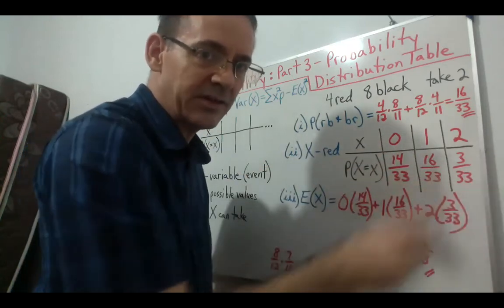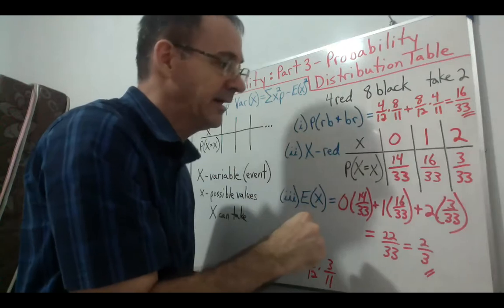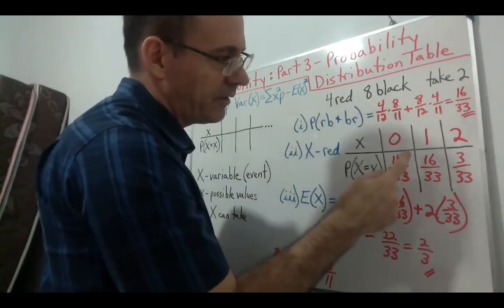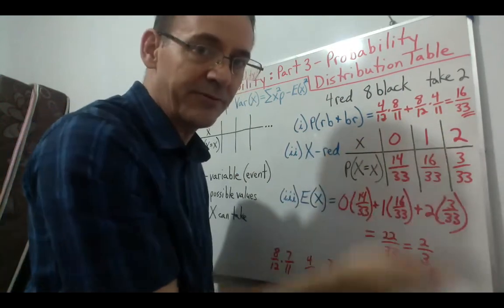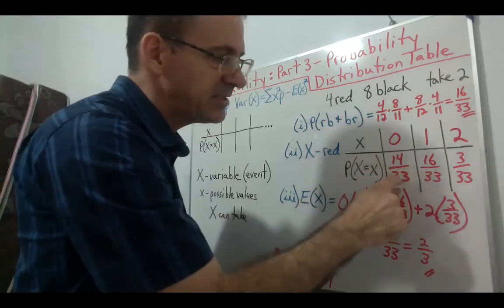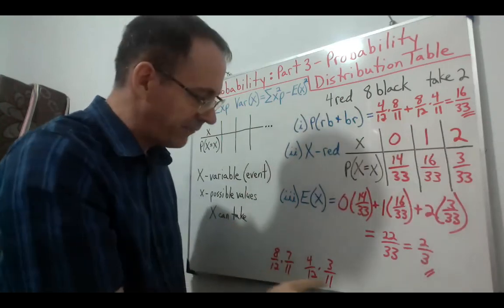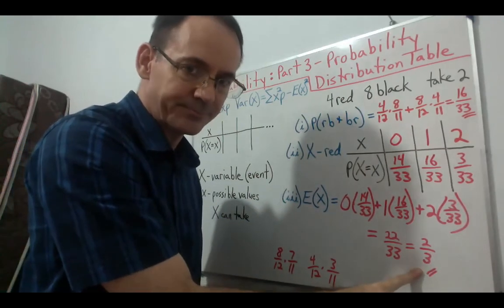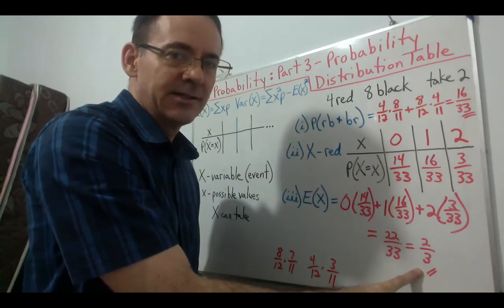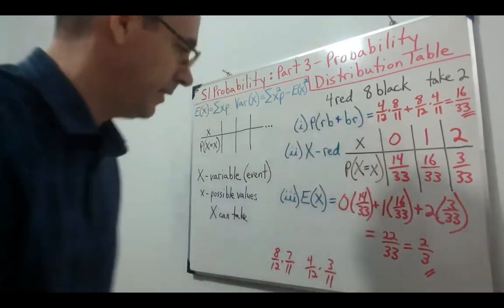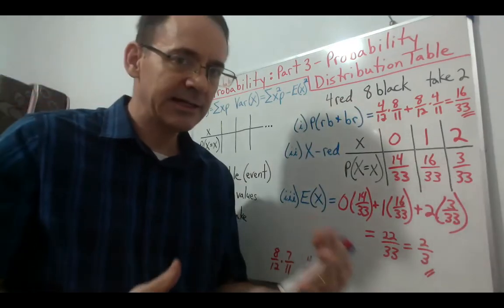If you look at these three values, you might think your average is 1 because there are only 3 of them, so the average is the middle. But because the probability is not symmetrical, the average is shifted to the left and it's actually 2/3. So you're going to average less than 1 red sock if you do this multiple times. That's how you interpret the information, and I hope you're starting to get the hang of this.